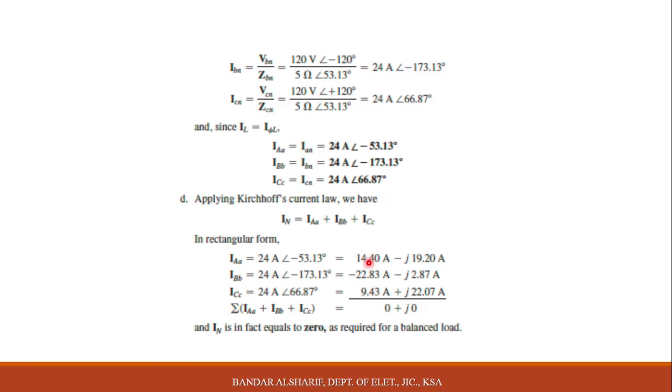You add real numbers with real numbers, you'll get zero, and the imaginary numbers with the imaginary numbers, you will get a total of 0. This means if you add each line with the other lines, IA, IB, IC, you will get 0. And In is in fact equal to 0 as required for a balanced system, since it is a balanced system.